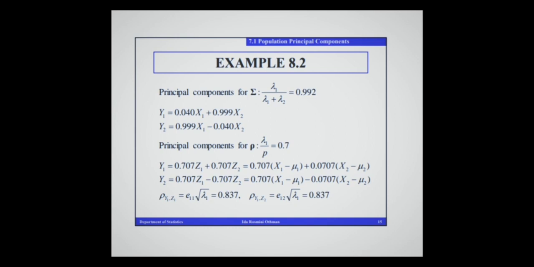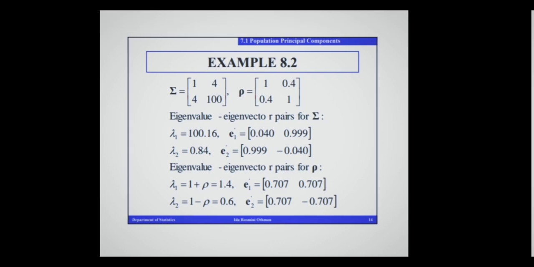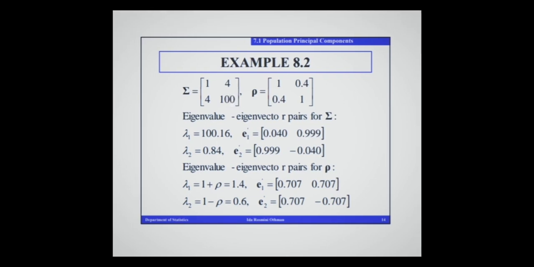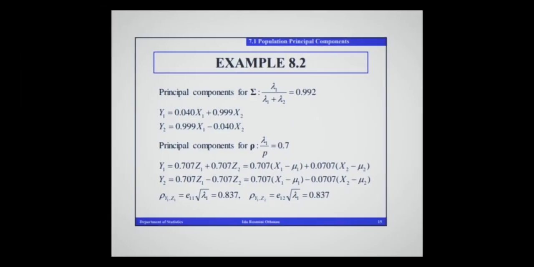Okay, here for Z2 we replace with X2 minus mu2 divided by this one, the square root of 100 will be 10, it should be there. It was missed out there, divided by 10.